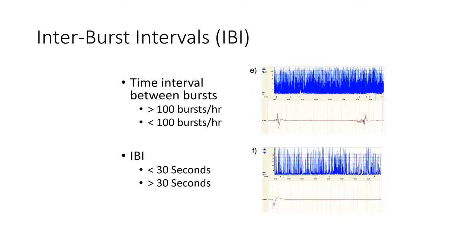Using technology, we can count these. The old way was to suspend the tracing, scroll, and count the number of bursts per hour or per minute. So continuity, these gaps in voltage, can really give us a sign of the health of the brain or lack of health of the brain.